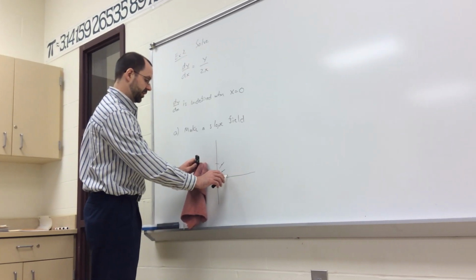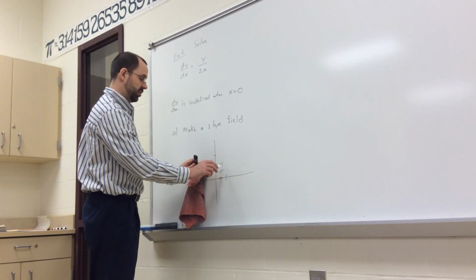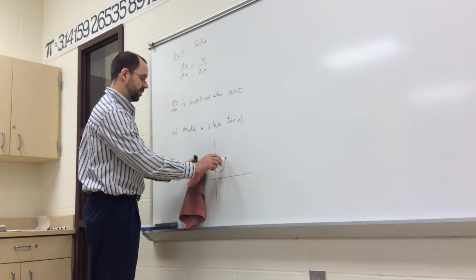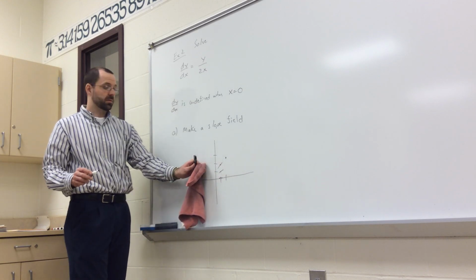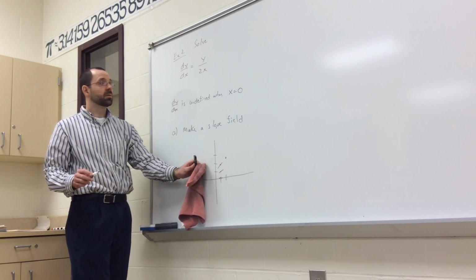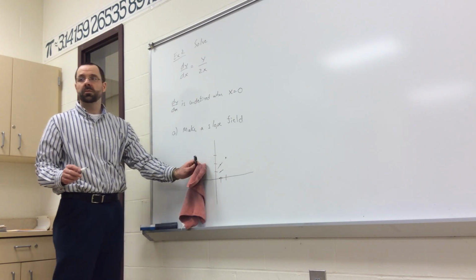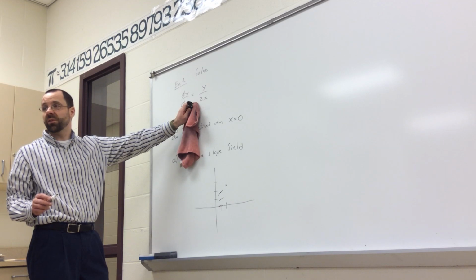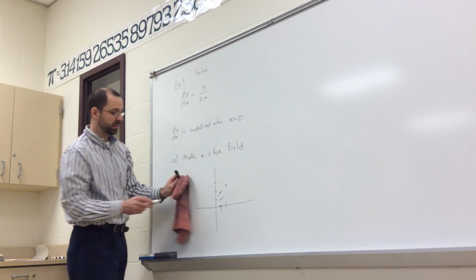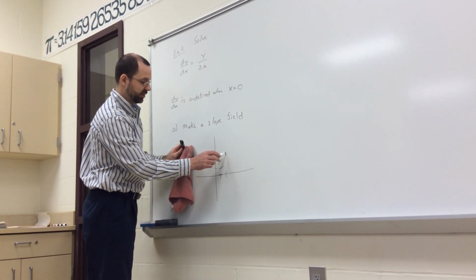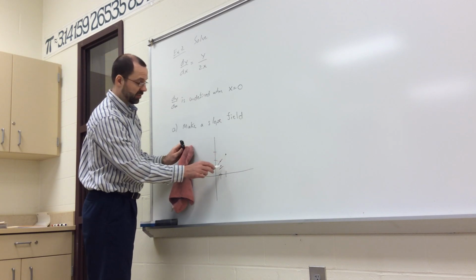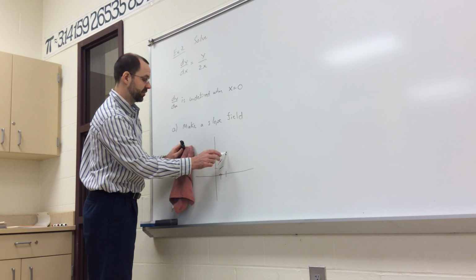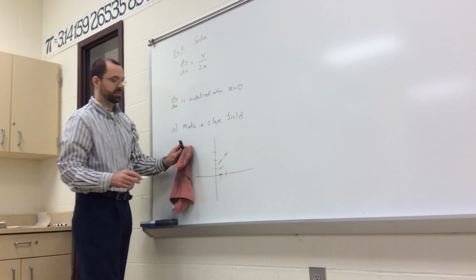Okay, how about (2, 3)? So for (2, 3), it would be 3 divided by 4, so 3/4. So not as steep as 1, but a little steeper than 1/2. So just do your best.